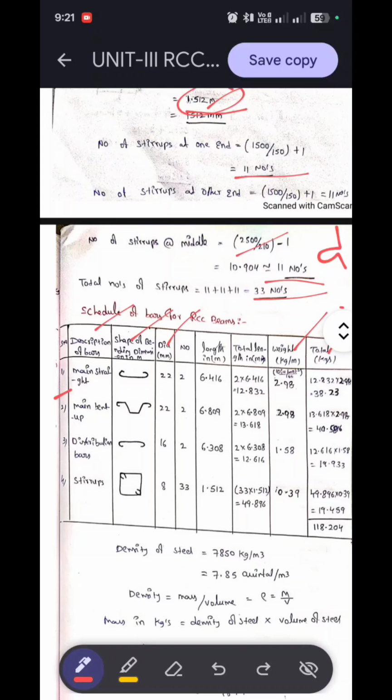So total length is 2 numbers into length, 2 into 6.809, which is 13.618 meters. The weight was already calculated in the main straight bar, so same: d square divided by 162. The same dia was given in both, so 22 square divided by 162, the same value 2.98.